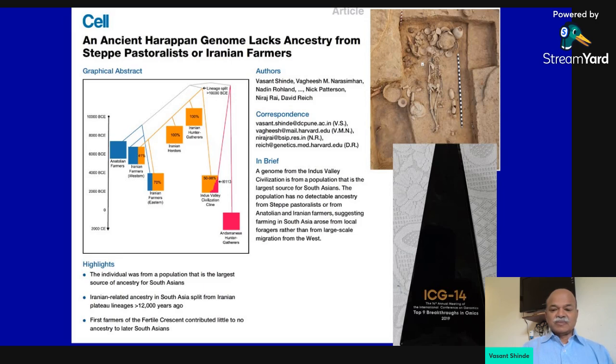Of course, this was published in one of the top international scientific journals called Cell, and the title itself indicates that the ancient Harappan genome lacks ancestry from steppe pastoralists or Iranian farmers. It was very important research, and this particular research was recognized as one of the 9 breakthrough researches carried out in the world in 2019.